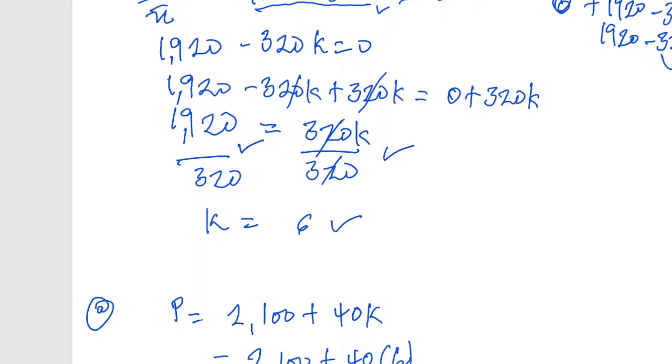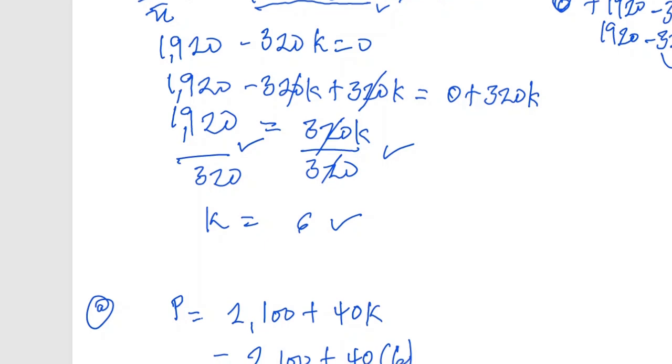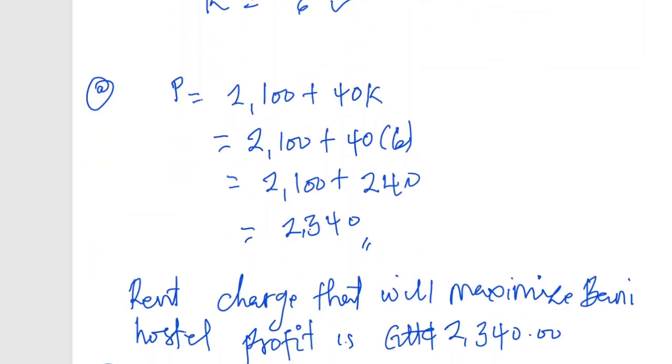So that means, at the point that you maximize profit, you have to increase your price 6 times. To get the rent charge that maximizes profit, you fix the number of times the rent can be increased, which is 6, into the price function.